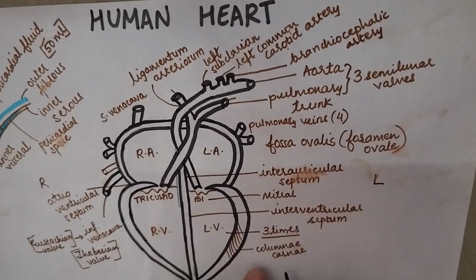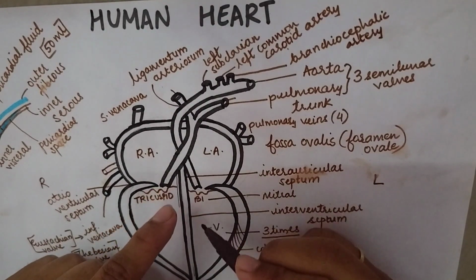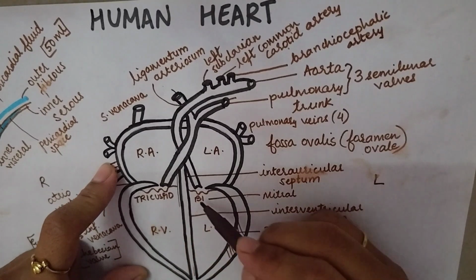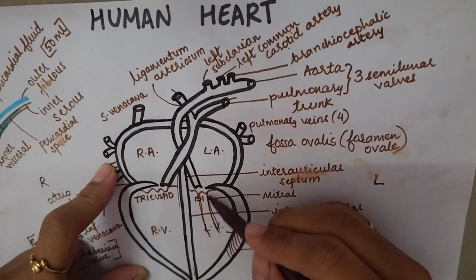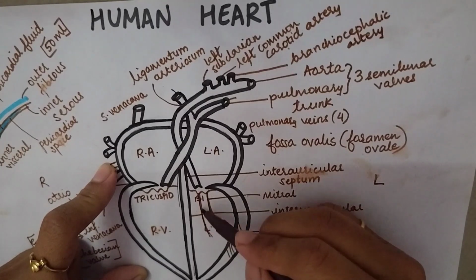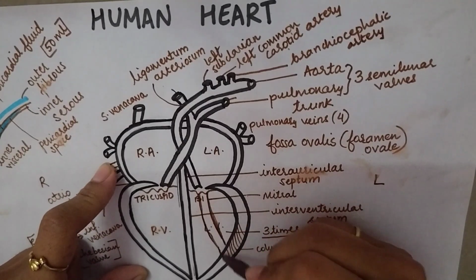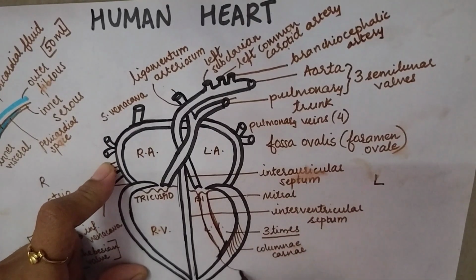These columnae carneae are nothing but ridges present on the ventricular wall. Similarly, here you have one more structure. Now the cusps of the bicuspid or the tricuspid valve will be connected like this to the wall of the ventricle. Here you have papillary muscles.